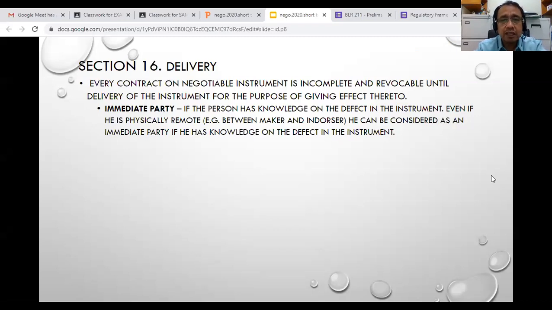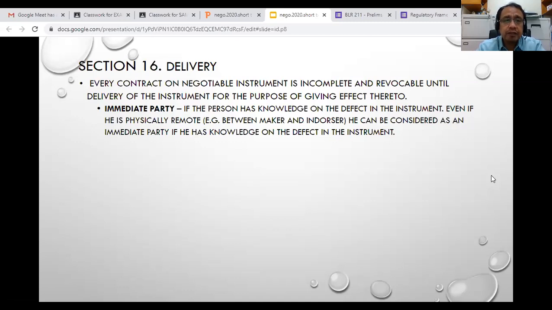It is still considered incomplete and revocable. Bakit yan incomplete, when in fact it's already considered a negotiable instrument? Because as long as that instrument is still in the possession of the maker or of the drawer, they can still change or alter any of the entries in that instrument. That's the reason why it's considered incomplete and revocable. It can still be changed. It can still be altered.